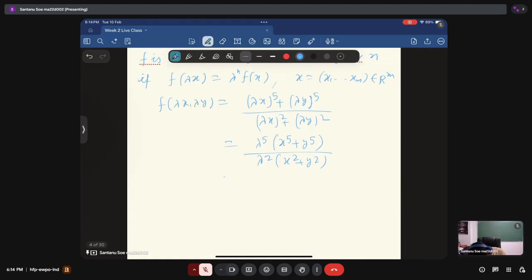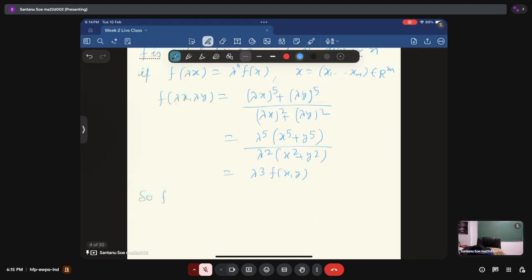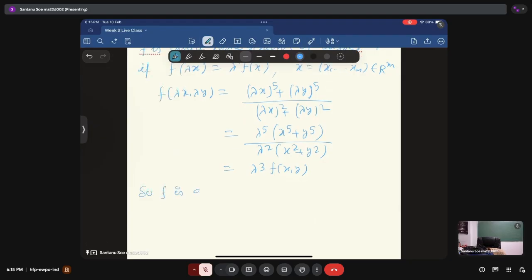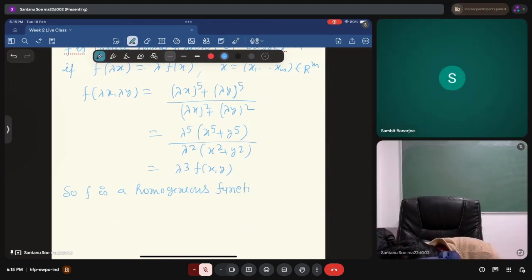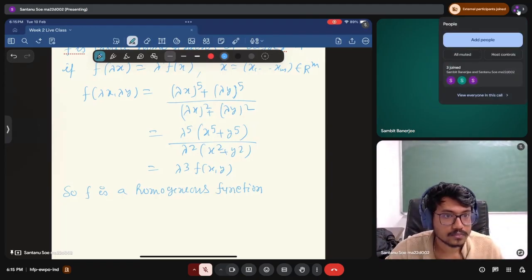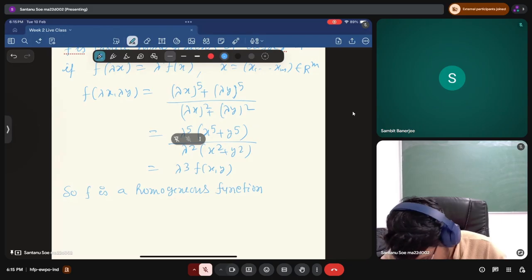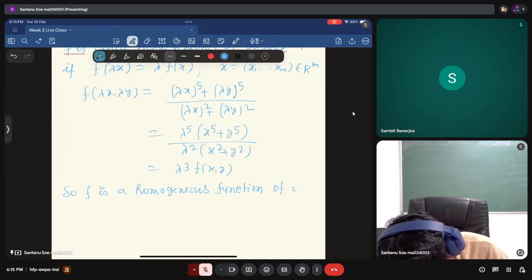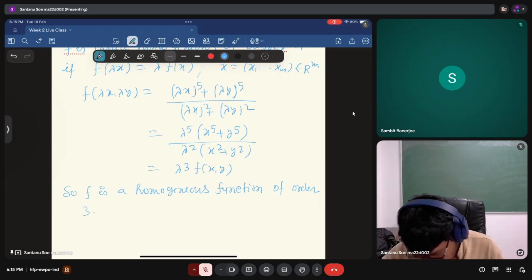So this is going to be lambda cube times f(x,y). So f is a homogeneous function of order 3. Okay.